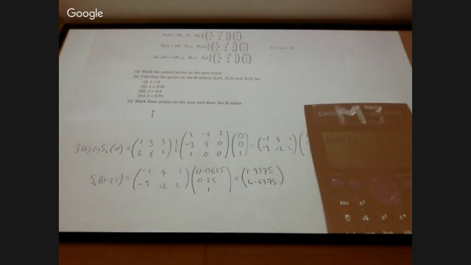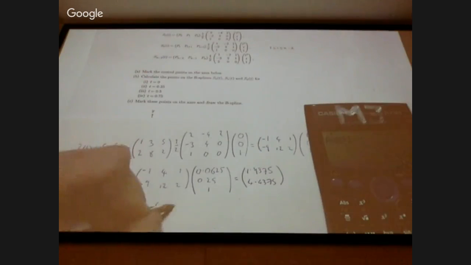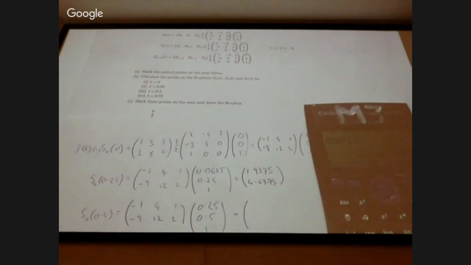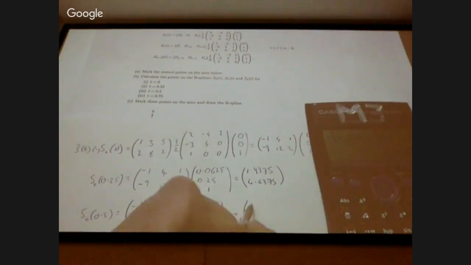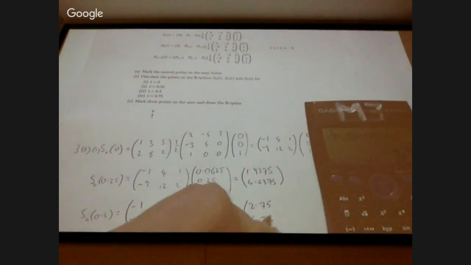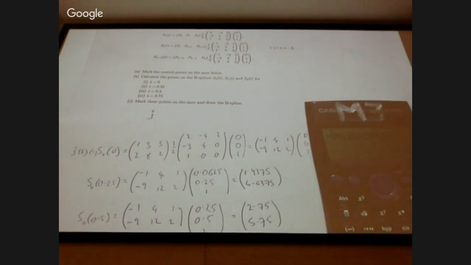Okay. What about when t is equal to 0.5? Same first matrix. 0.5 squared is a quarter. We do this similarly.